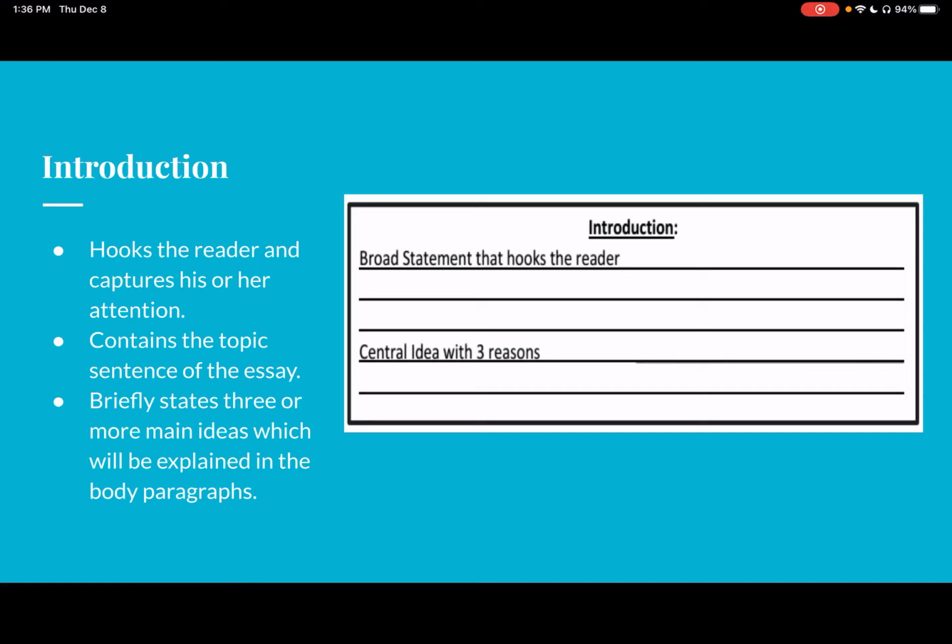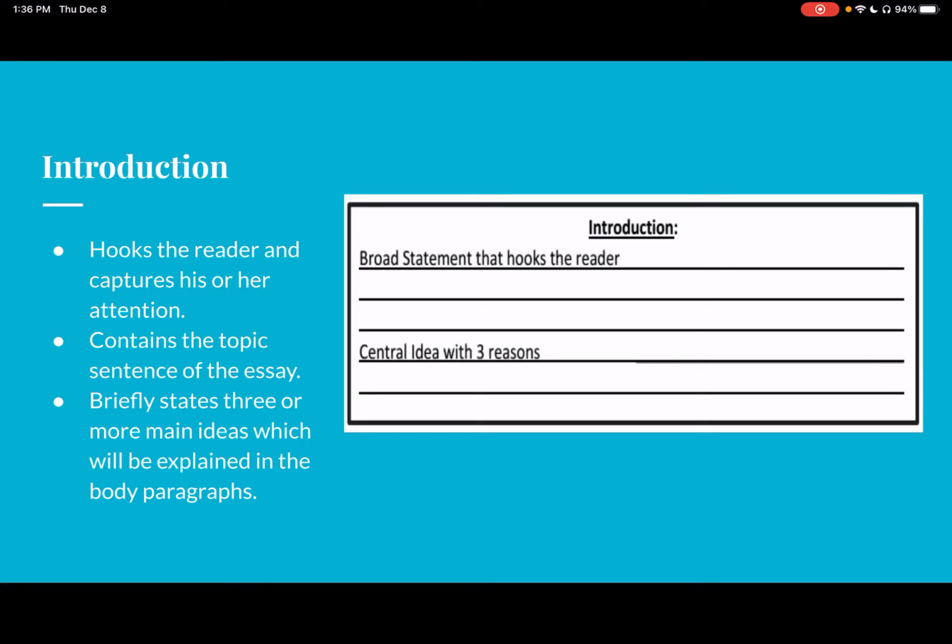It should not go into depth of what your essay is going to include, other than briefly stating 3 or more main paragraphs that are explained in the body paragraphs. That's it. And you're going to basically compose that into a thesis statement.